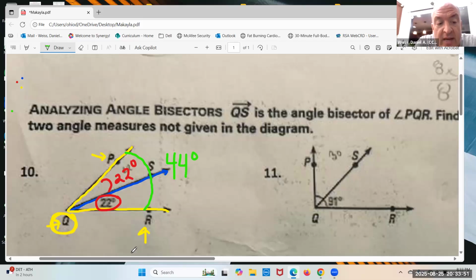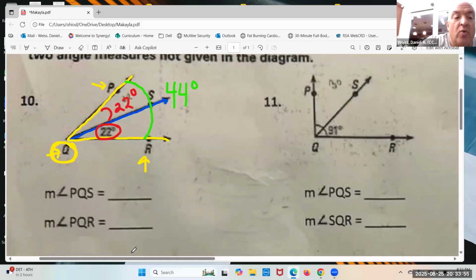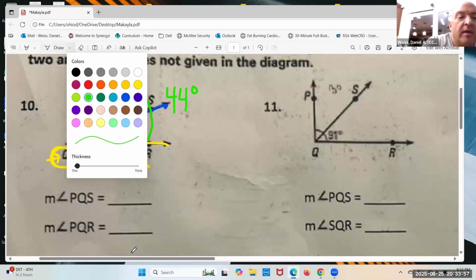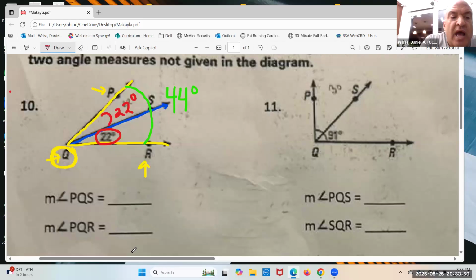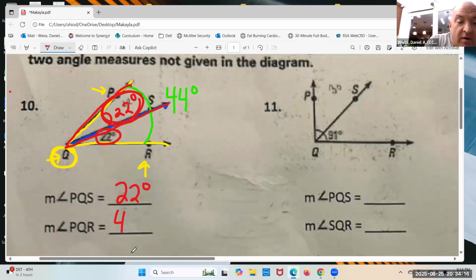And there you go, done. So it's asking, what is PQS? That's this guy right here, from P to Q to S. That's 22. Well, what's PQR? 44.